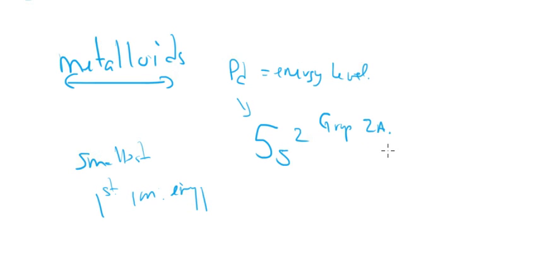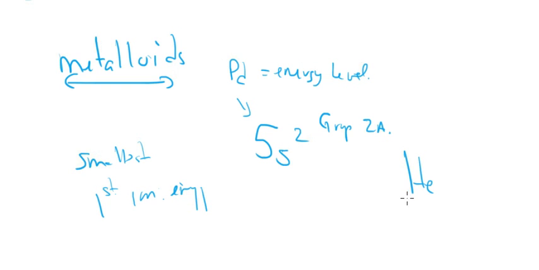You need to write the configurations for the highest occupied energy levels for different elements. So if I give you helium, you need to be able to write out the highest occupied energy level for that particular element. You're going to have 5 questions like that. You're going to have to arrange the elements in order of decreasing ionization energy. So you're going to have to know how to do that as well.